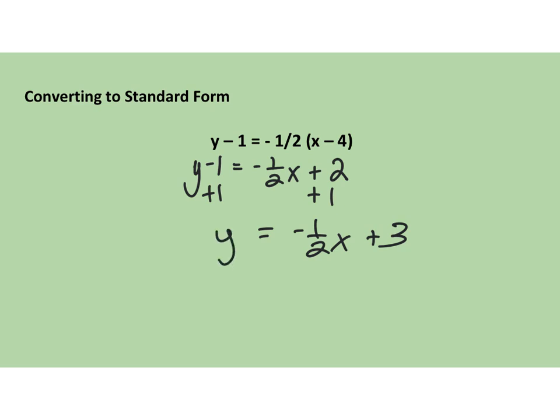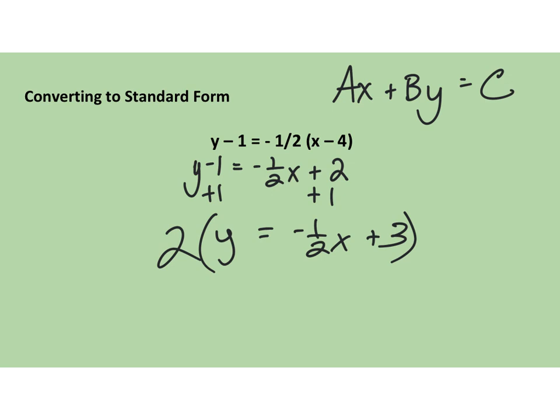Now, I have a little bit of a problem here because I have a fraction. Remember, when we have it in standard form, a, b, and c need to be integers. So that means they need to be positive or negative whole numbers. So I'm going to actually multiply the entire thing times 2 in order to eliminate that denominator.